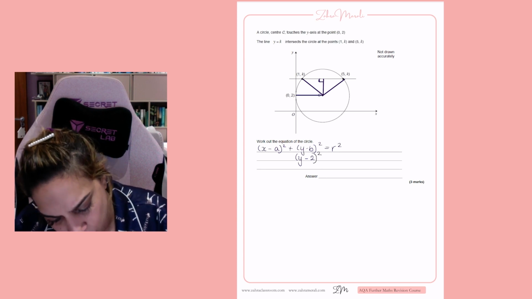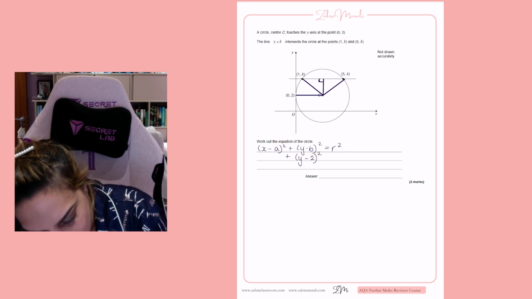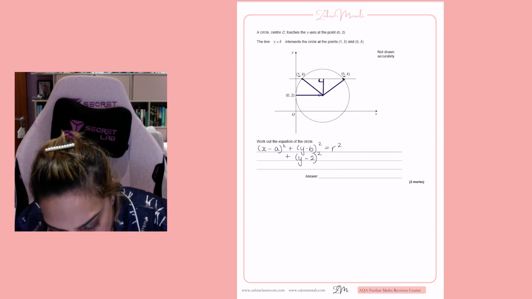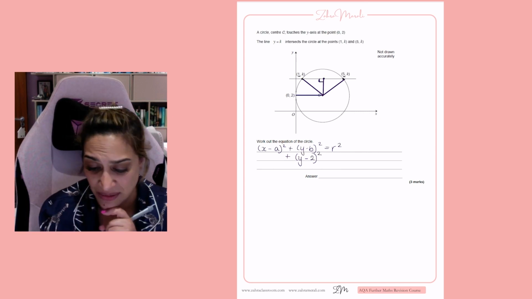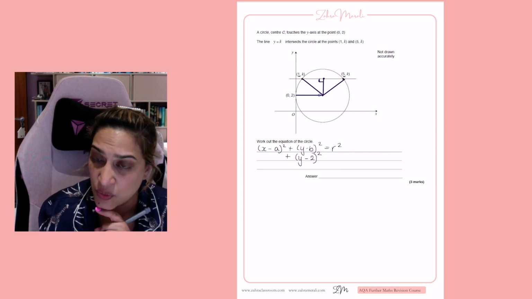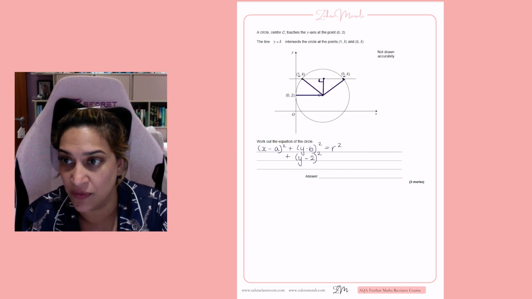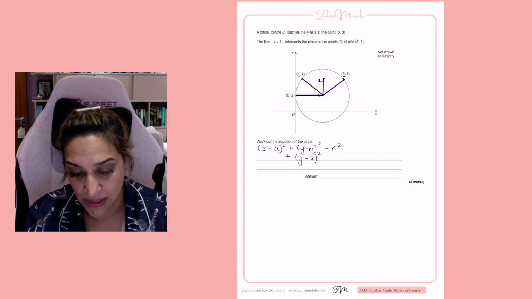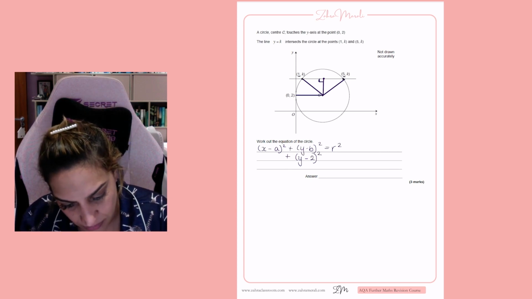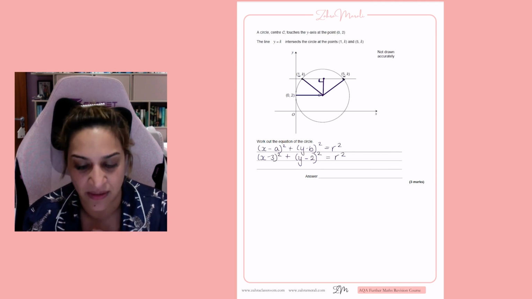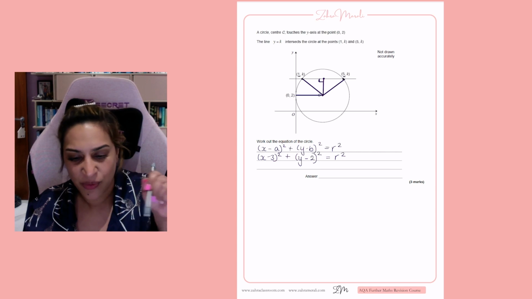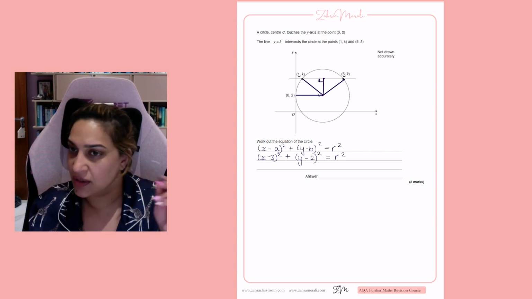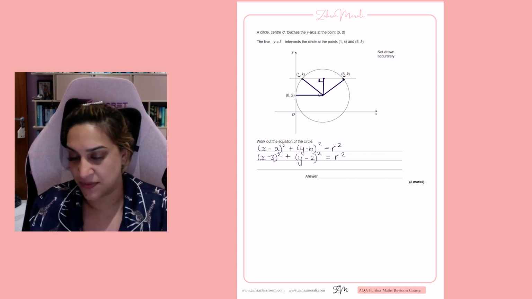Okay, so that I can see really clearly. Right, I also can see my x coordinate, because if x is 1 here and x is 5 here, and this cuts it right in the middle, my x coordinate must be the middle of 1 and 5. So 1 plus 5 is 6, divided by 2 is 3. So I get x minus 3 squared plus y minus 2 squared equals r squared. And remember, every point along the circle satisfies that equation.